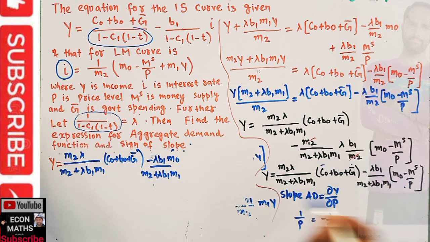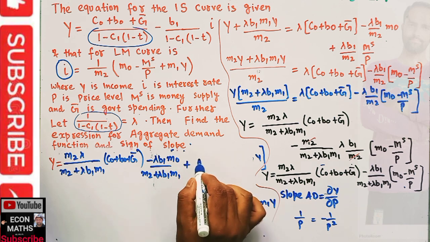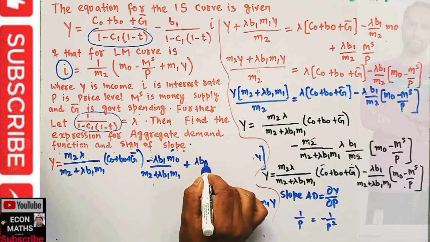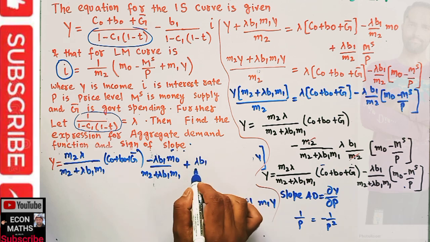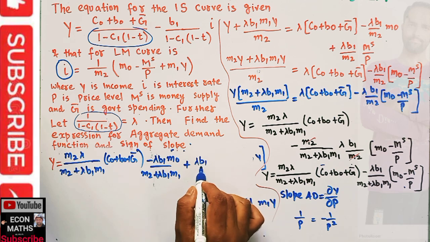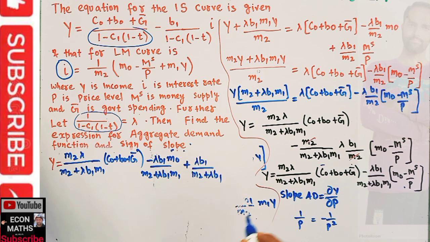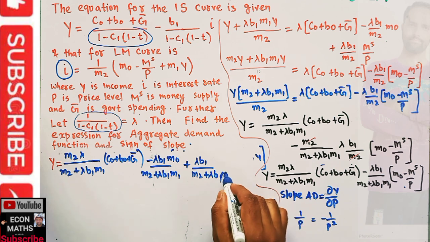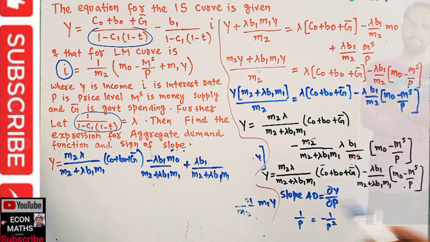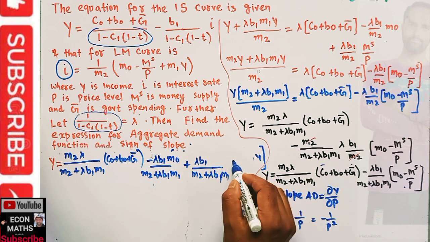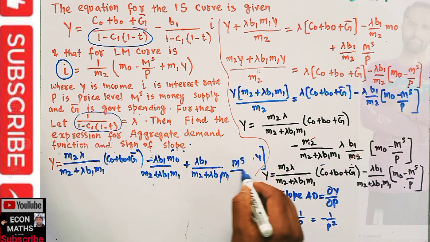Then this minus into minus will become plus. We have again lambda b1 upon m2 plus lambda b1 m1, because minus into minus is plus, so we have ms upon p.